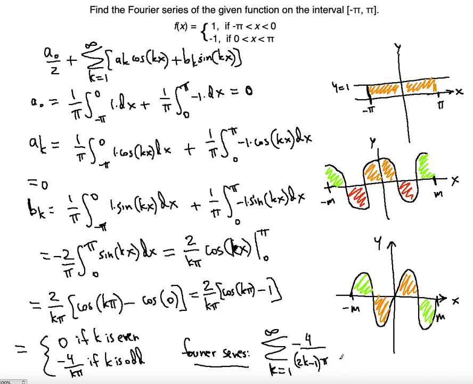This will ensure that you will not count the even ones, because when k is equal to 1, 2 times 1 is 2, minus 1 is 1. So 1 times pi is pi, right? So that's great.